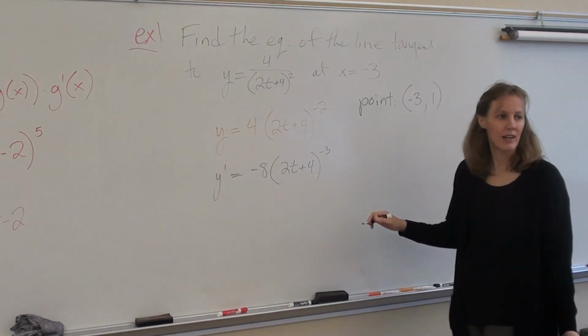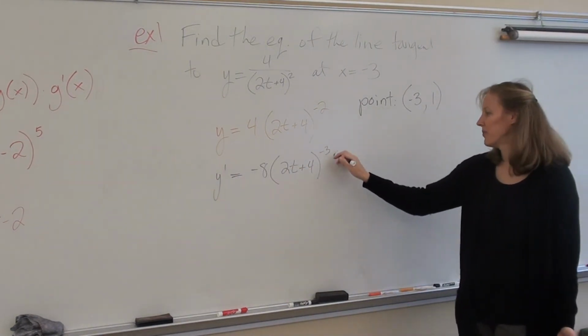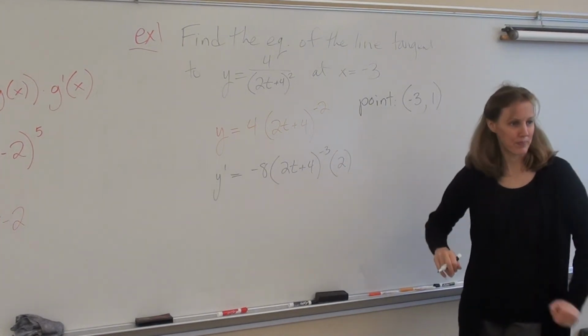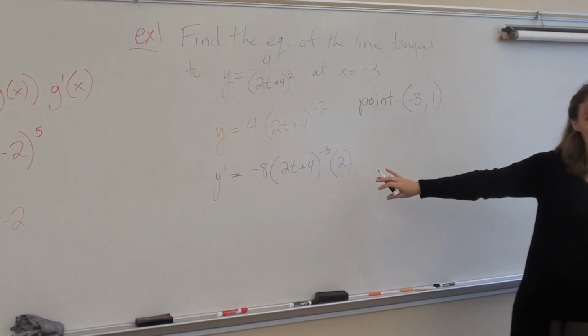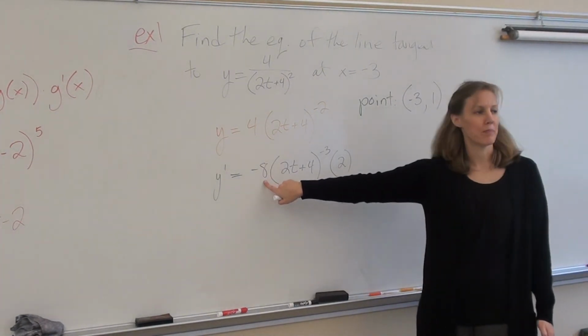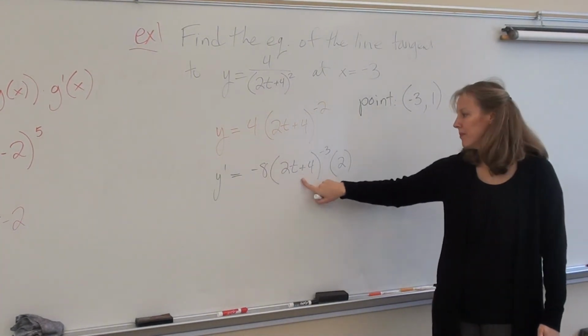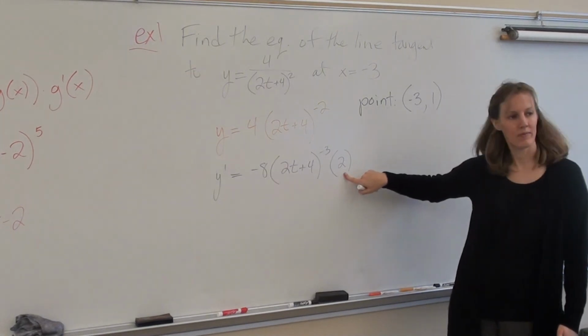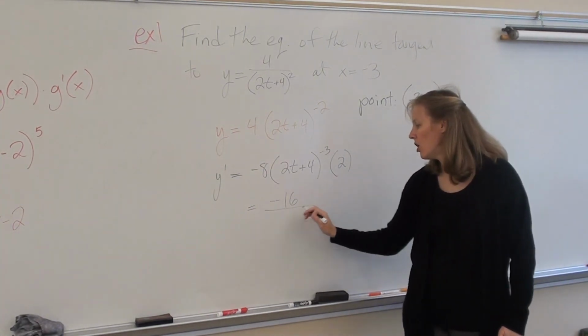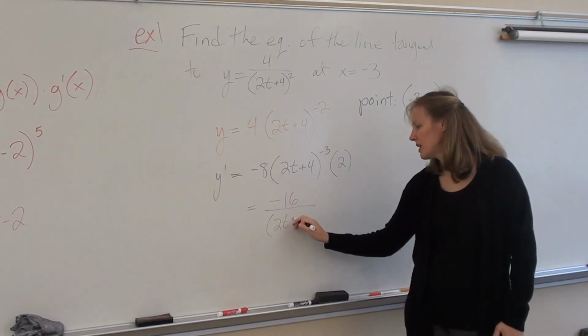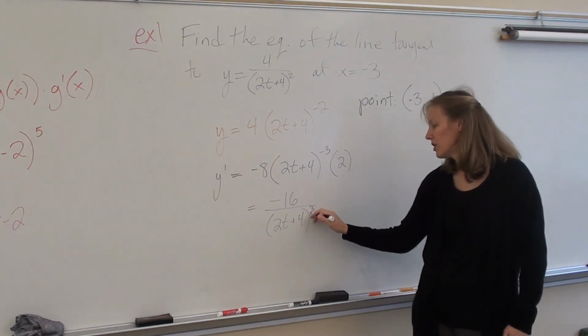Am I done? Times 2. Beautiful. Okay, so now if I wanted to rewrite this, tell me, top or bottom? Top. So this is going to be negative 16 over 2t plus 4 to the third.